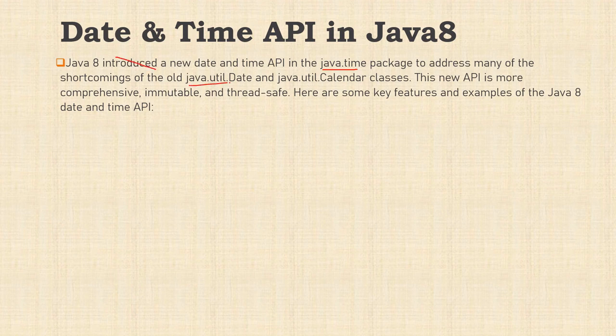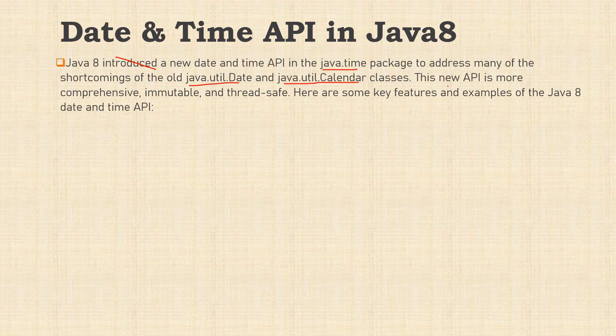Before Java 8, you could use the Date and Calendar classes to perform date related things. But in Java 8 we have the java.time package, where all the classes related to Java 8 date and time are available. This new API is more comprehensive, immutable and thread safe. So it's immutable and thread safe.